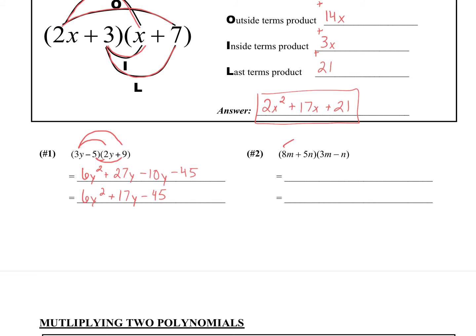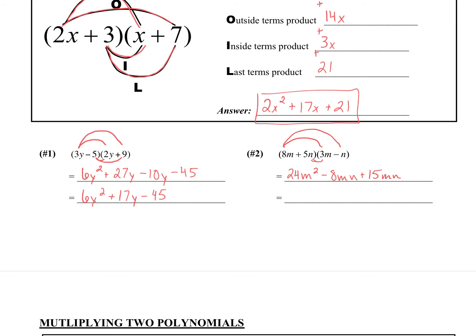All right, let's try that again. So we have the first times the first, that's going to be 24m squared. All right, then we have the outside, so 8m times negative n is going to be negative 8mn. Next we have the inside, so 5n times 3m is plus 15mn.